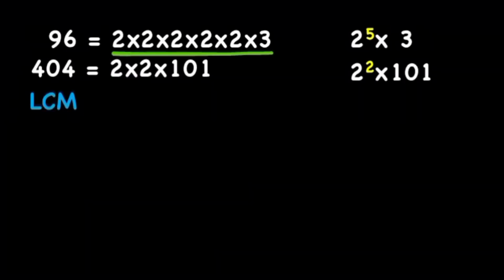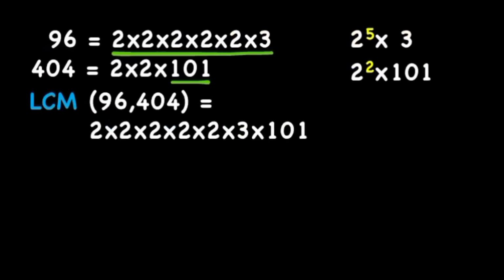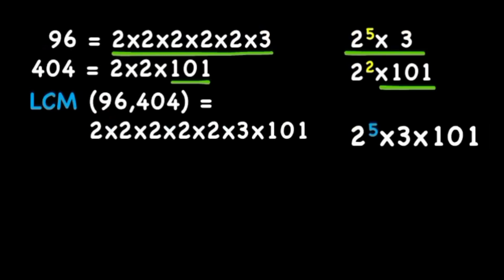Now let's find the LCM of 96 and 404. 2 into 2 into 2 into 2 into 2 into 3 into 101. In exponent form, how you calculate LCM is that we take all the factors. Here we have 2, 3 and 101 as factors of 96 and 404. We have 2 raised to 5 and 2 square. You already know LCM is a larger number than HCF.